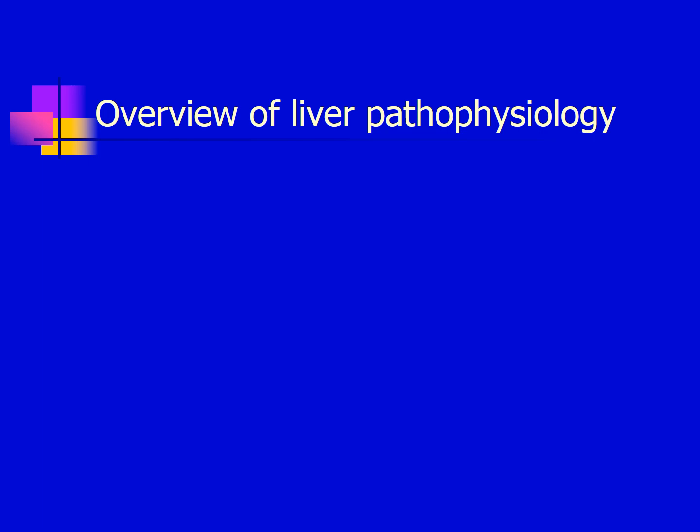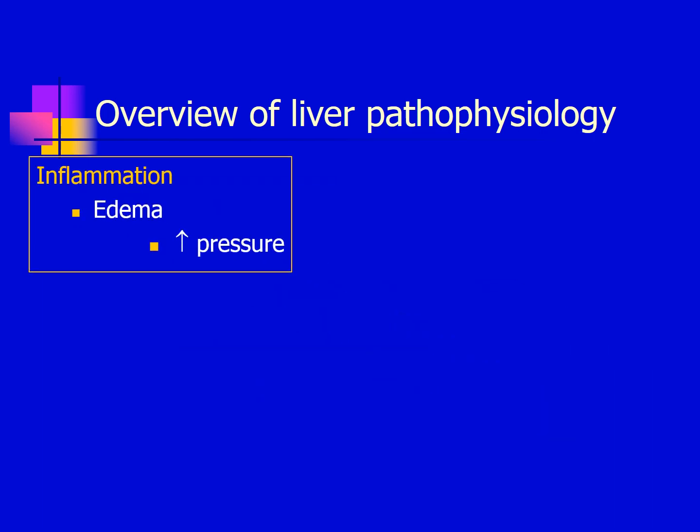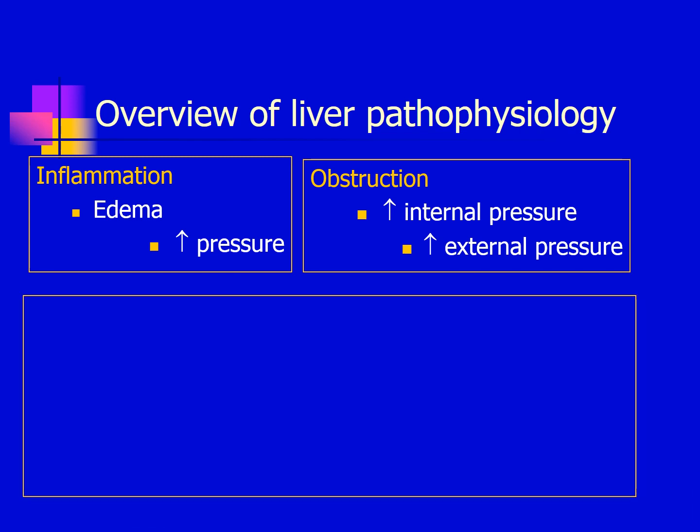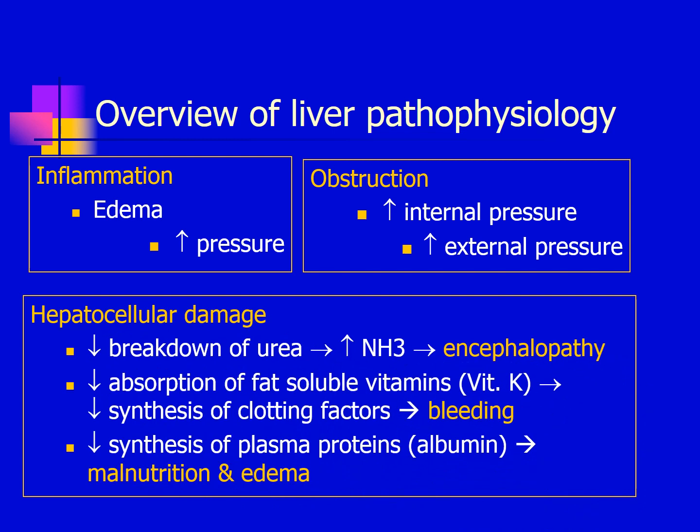All right, so now the overview of the pathophysiology. Well, there's inflammation, right? Because we said hepatitis is inflammation of the liver, and that causes edema, which causes an increase in pressure. And then obstruction, right? Obstruction of the flow would definitely increase the internal and external pressure, leading to damage. So when it's damaged, all those functions that we just described a few minutes ago are not able to be carried on.